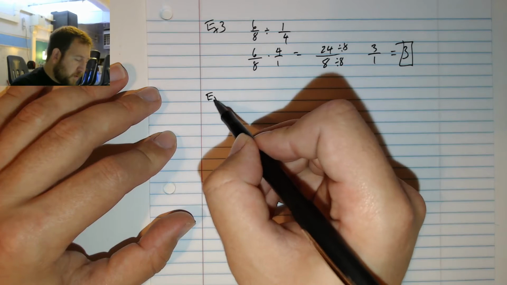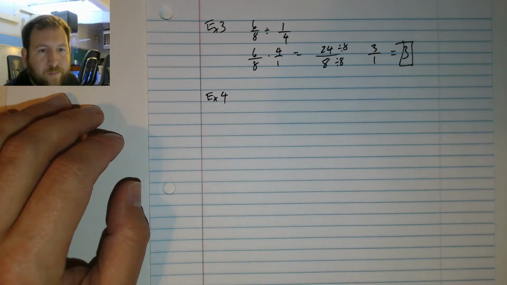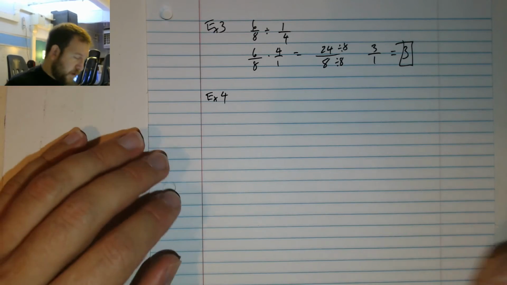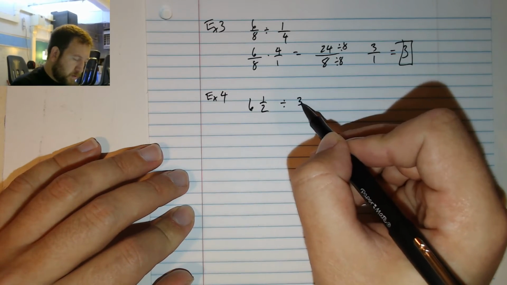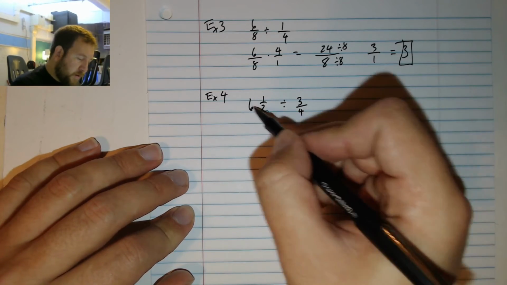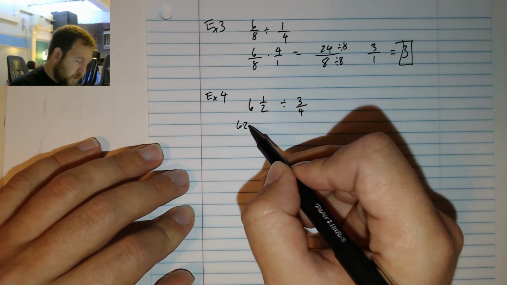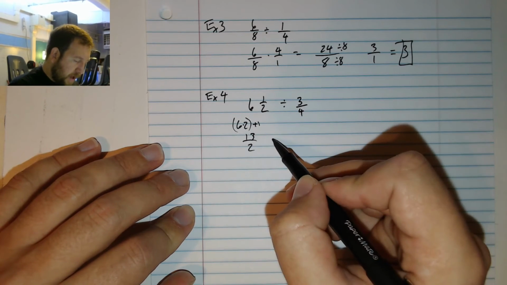One more example. Example 4. We're going to do 6 1/2 divided by 3/4. All right, turn this into an improper fraction. 6 times 2 plus 1. We have 13/2.